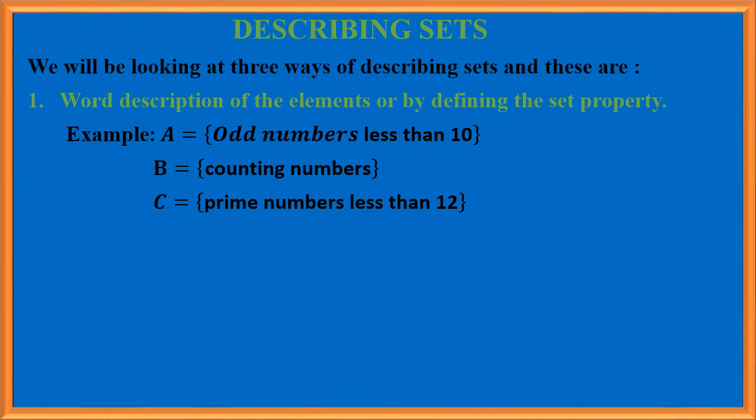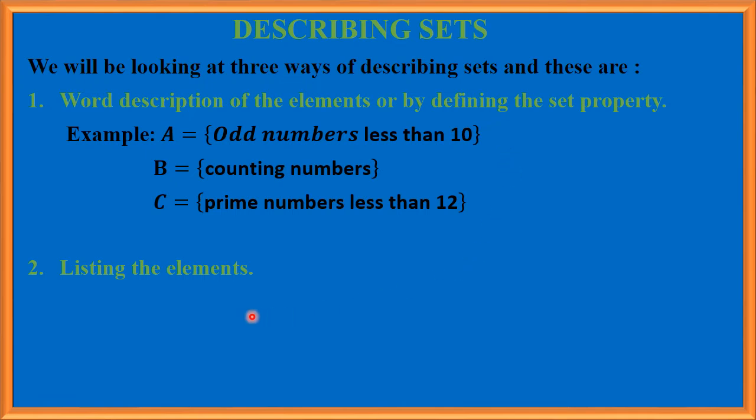Another way we can describe sets is by listing the elements of the set. By listing the elements of the set, we are now going to use the properties to list the elements. For example, set A was odd numbers less than 10.